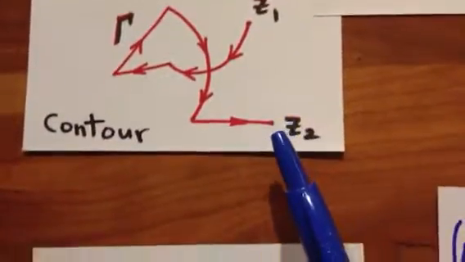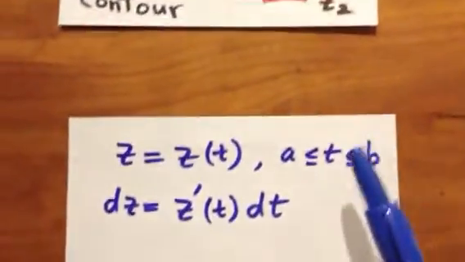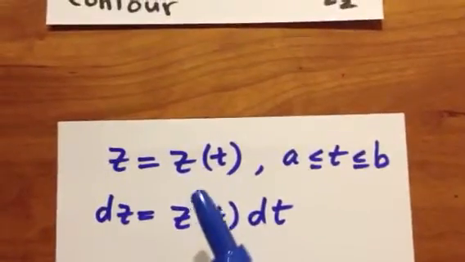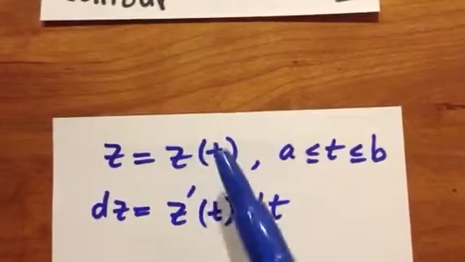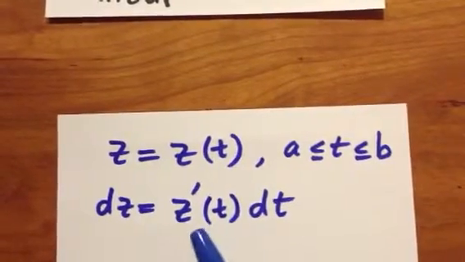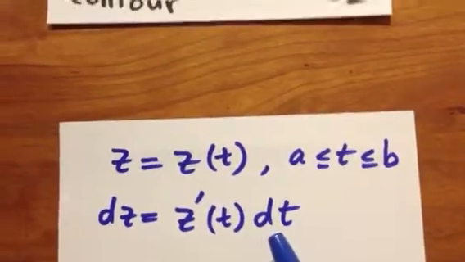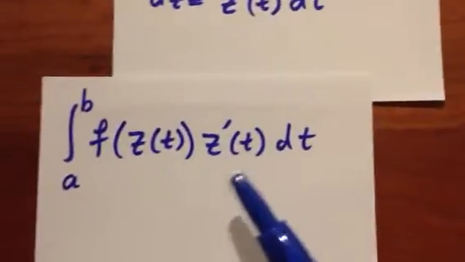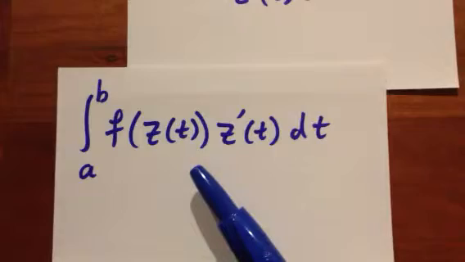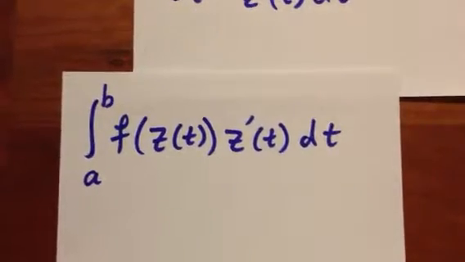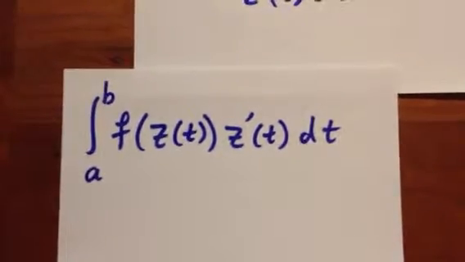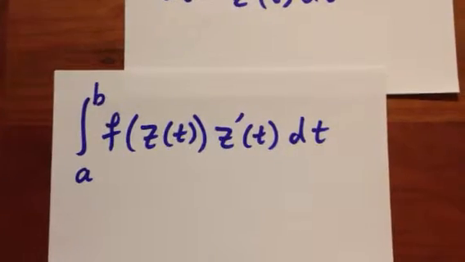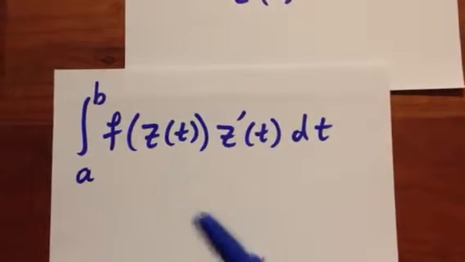At time b, the object is there. And then dz is the velocity, z prime, or the derivative, times dt. After the substitution, the integral turns into this, which has a real part and an imaginary part, and both are just ordinary calculus integrations, which we can deal with easily.